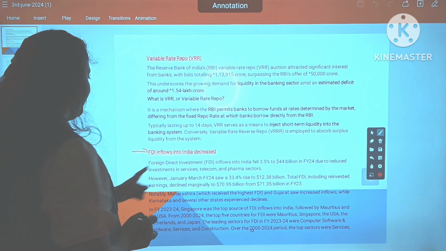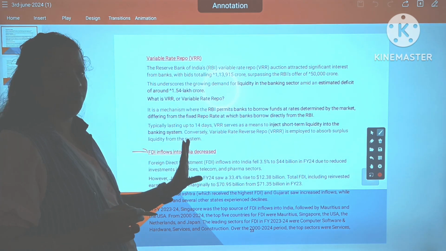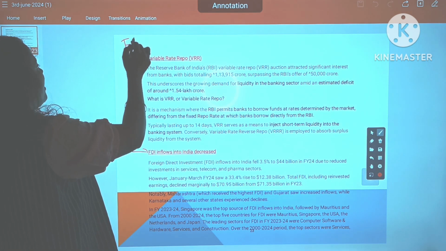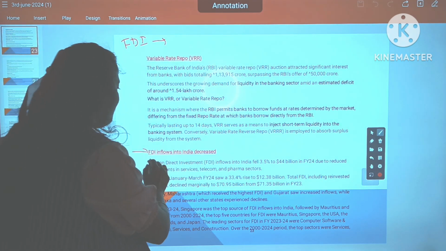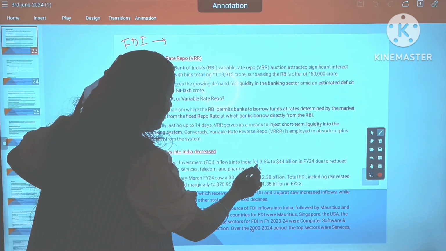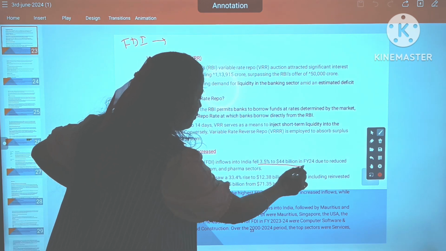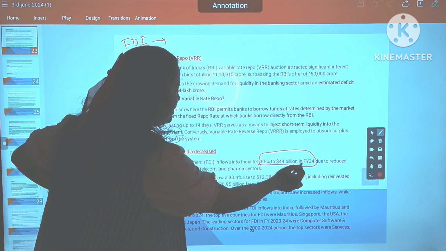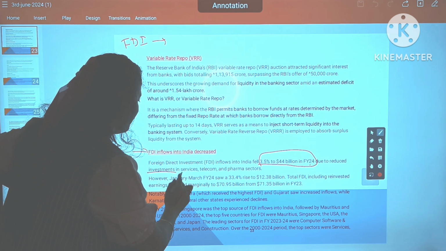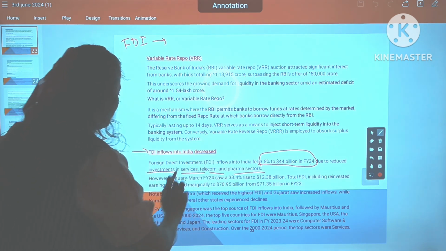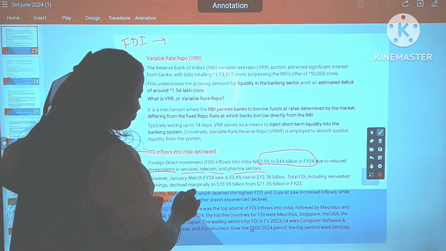FDI flows into India decreased. Foreign direct investment inflows in India fell by 3.5% to 44 billion US dollars in financial year 24 due to reduced investments in services, telecom, and pharma sectors.